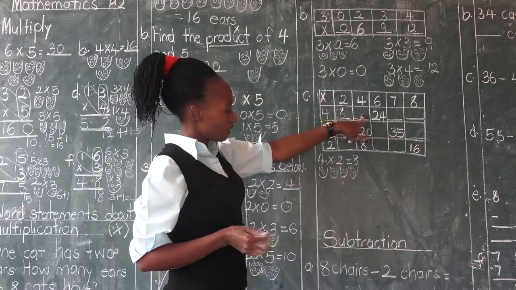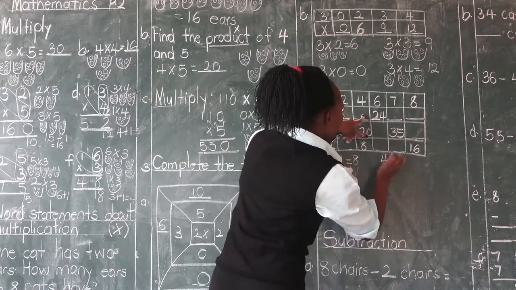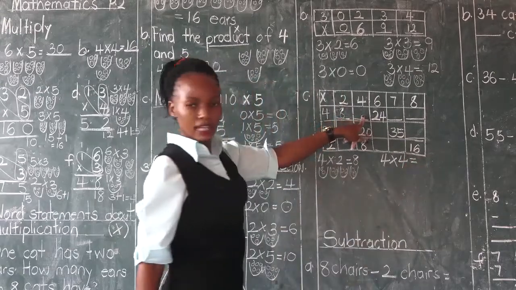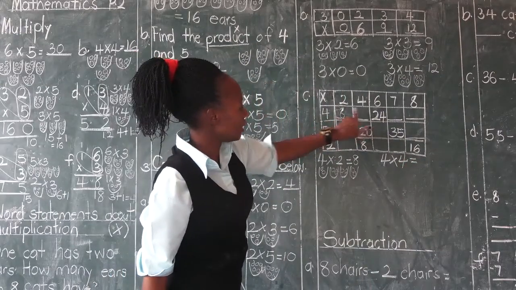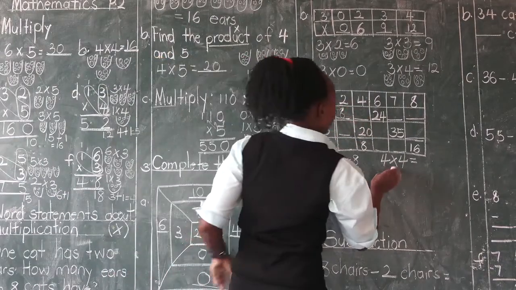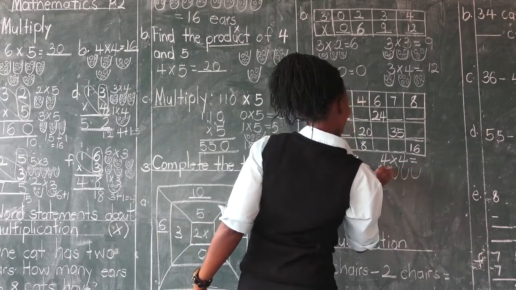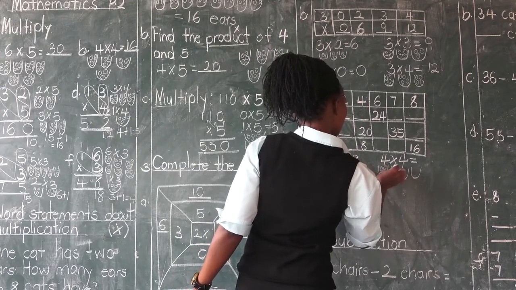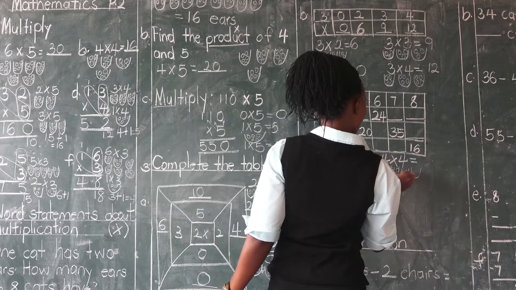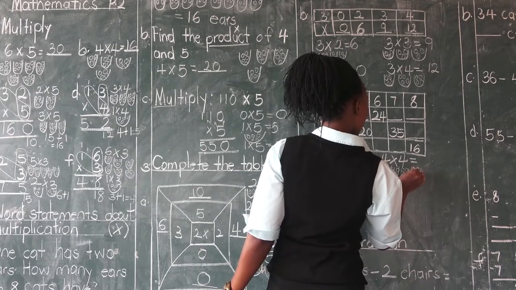Still, let's find out the one here. It will be 4 times 4. We want to find the answer here. 4 times 4. What are we going to get? 4 groups of 4. 1, 2, 3, 4. 1, 2, 3, 4. 1, 2, 3, 4. 1, 2, 3, 4.